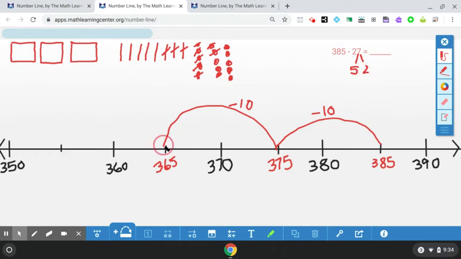So here's my jump of 5 because that's nice and easy, right? And I need to go 2 more. And when I go 2, I need to jump 2 less. And when I go 2 less from 360, 359, 358. I know that's at 358.